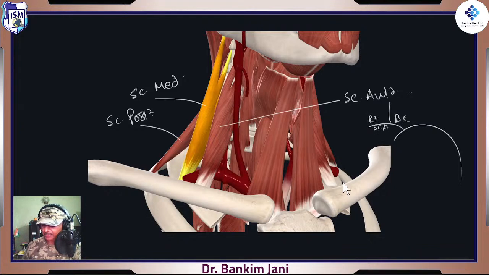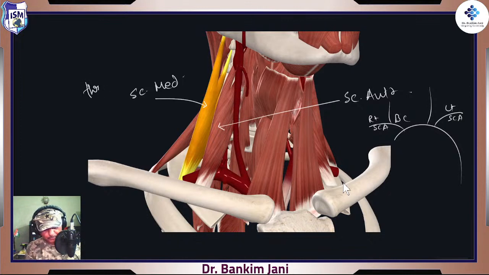On the opposite side, the left common carotid will go straight, and the left subclavian artery will travel. Whether right or left, both of them will pass royally between scalenus anterior and the scalenus medius. I'm just creating some space to write. So that is scalenus posterior. So it will be passing through that scalene gap.